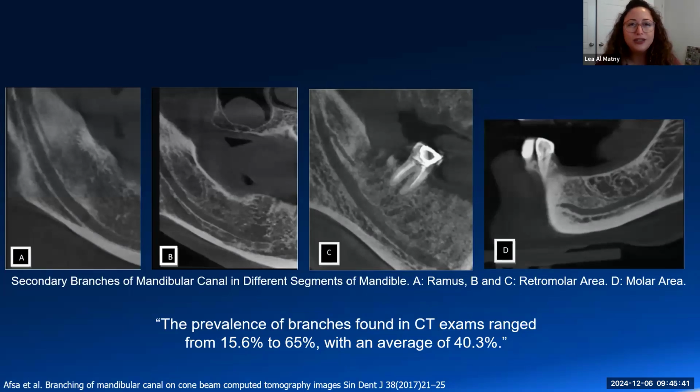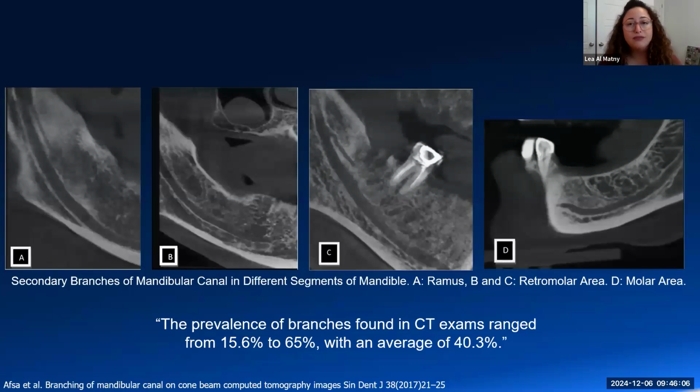This is a very wide range, between 15 and 65, and I want to say it's wide because of the exclusion criteria. Some papers will say, I will only count that as a secondary branch if the diameter is larger than 1.5, or if it actually reaches a tooth or the alveolar crest.